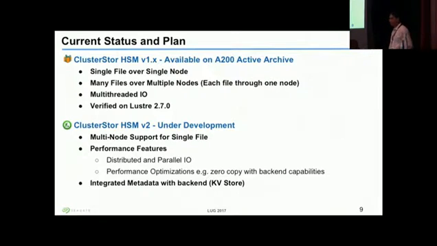The current state of the project: we have V1 available, which is with the Seagate A200 active archival, with limited functionality today, which can transfer a single file over a single node, but in multiple threads.